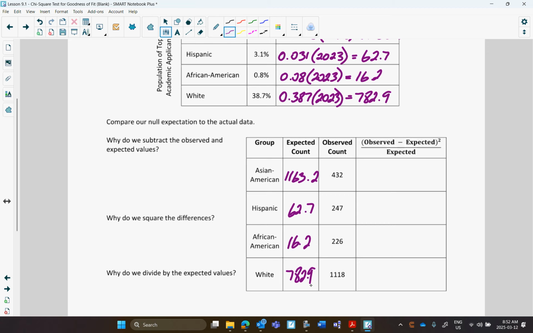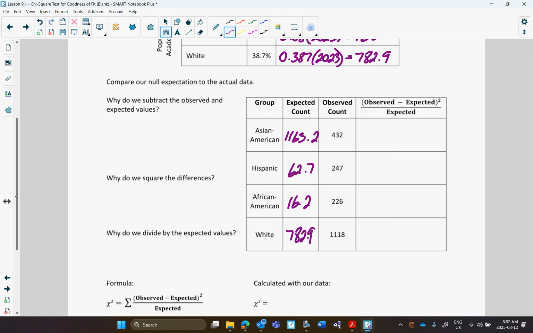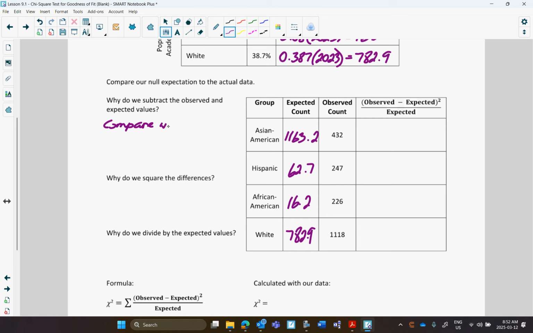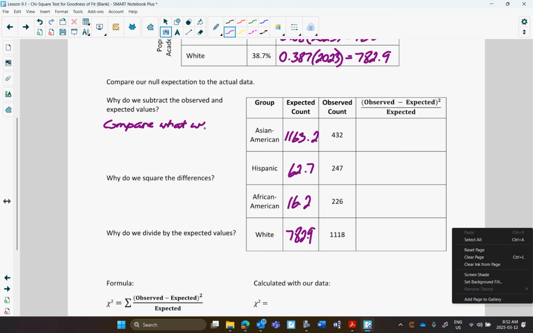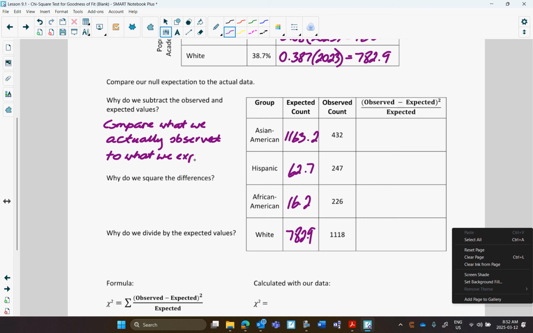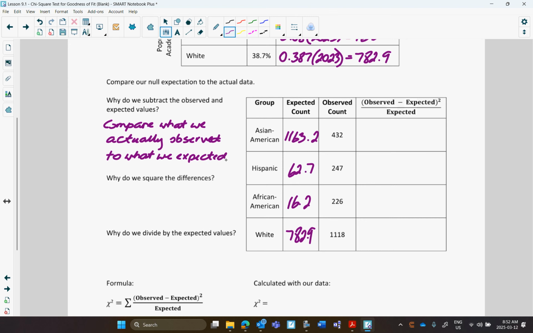So what I just said: we want to compare what we actually observed to what we expected, and that's under the null hypothesis. That's why we subtract the two.